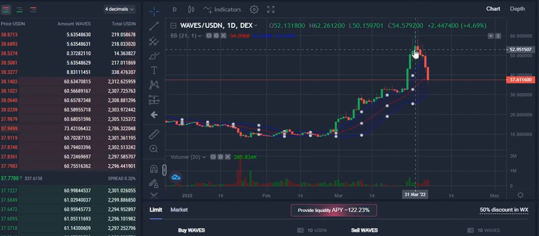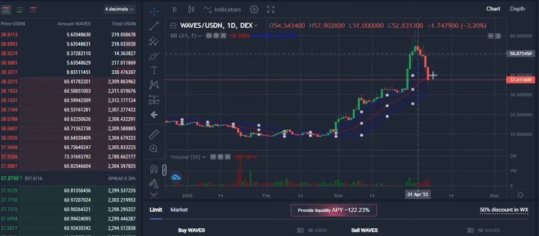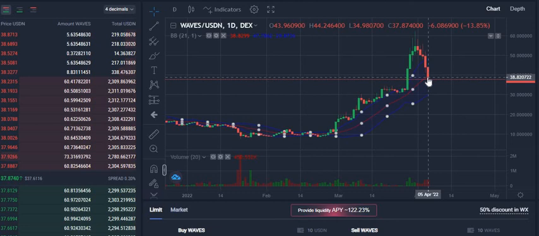It's approximately 500%, 400% maybe for 50. And after that we have seen the correction, which is currently very close to $25. So we see that it's approximately a 50% correction of the size of the jump.